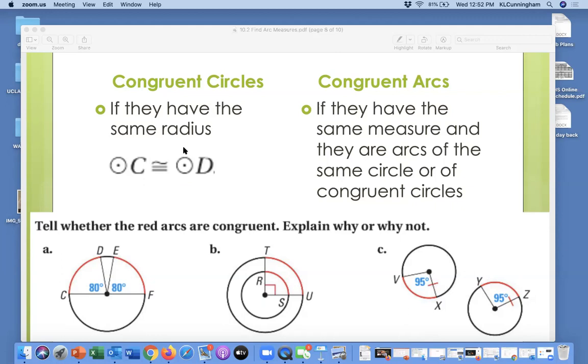So let's go ahead and look through, talk about A, B, and C here. So A, tell whether the red arcs are congruent. So it has to satisfy 2 things. It has to be from either the same circle or congruent circles. So it's from the same circle. And then they have to be the same measurement. So 80 is congruent to 80. So obviously then this would be a yes.